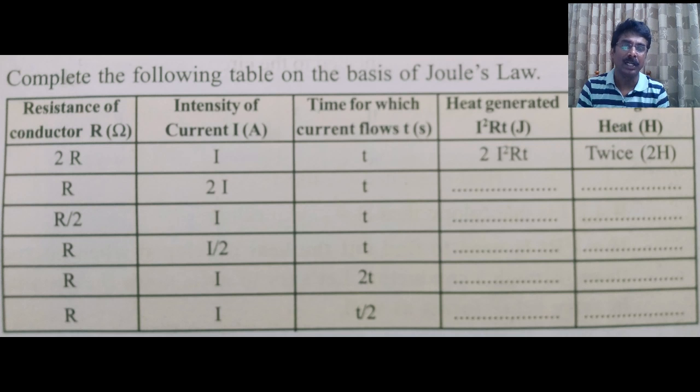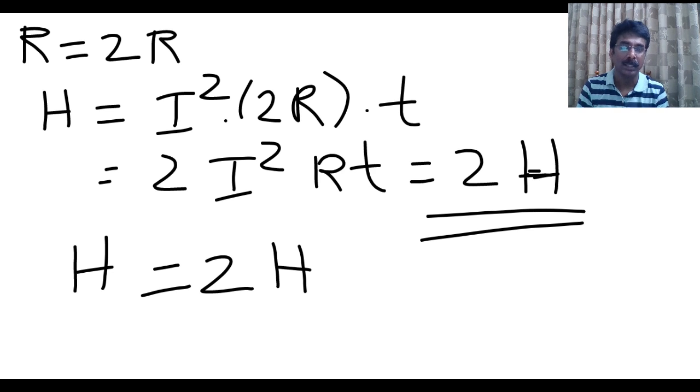In the table, in I, R and T, at first R doubles. What happens when R doubles? You know, H equals I square RT. When R doubles, H becomes I square into 2R into T. Then H equals 2I square RT. That means it doubled.